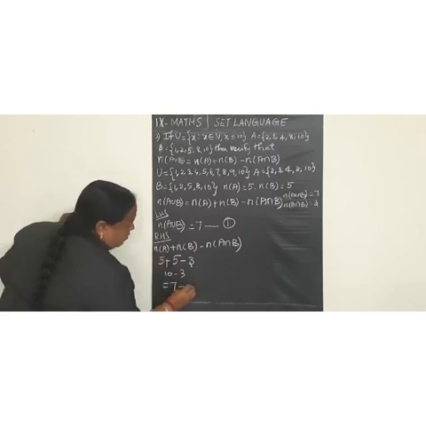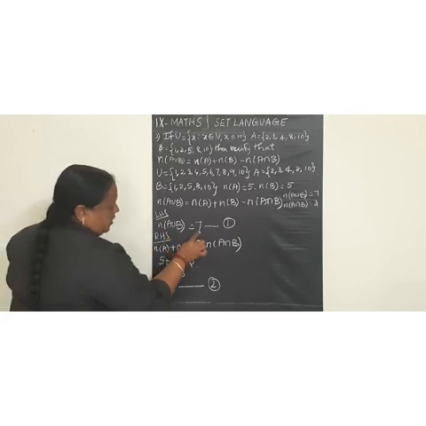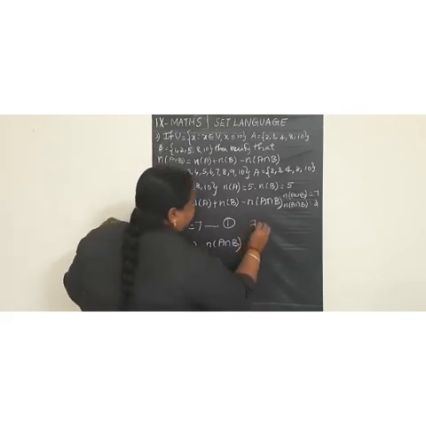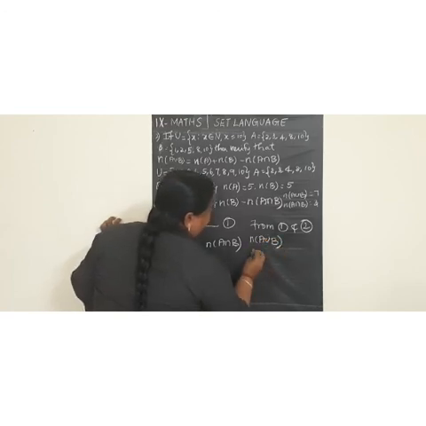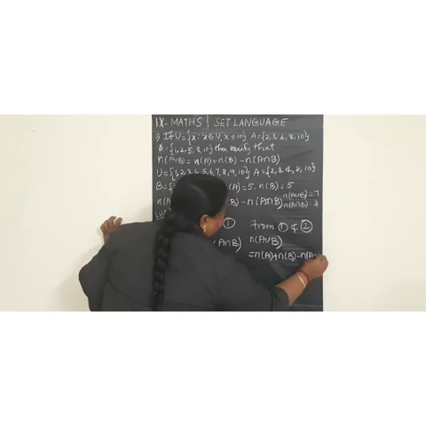So this one I mark as equation 2. So LHS side we are getting 7, RHS side we are getting 7. So from 1 and 2, n of A union B is equal to n of A plus n of B minus n of A intersection B.